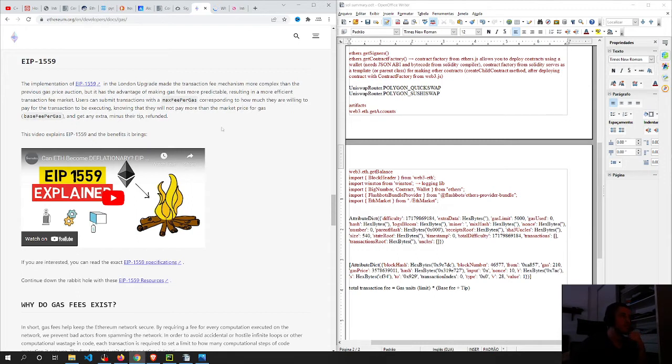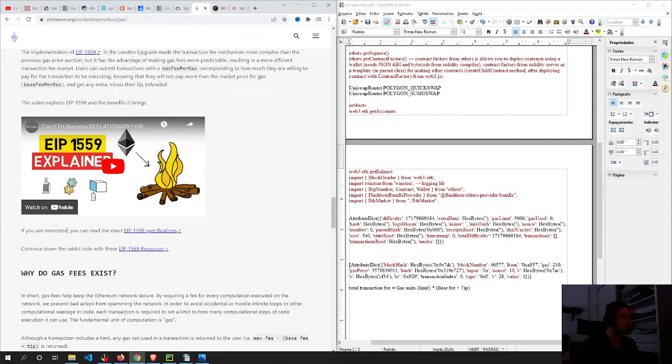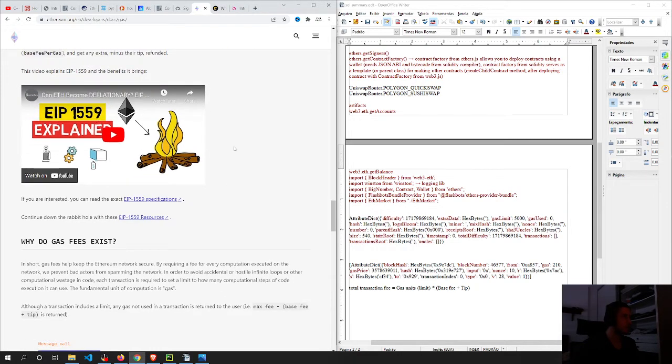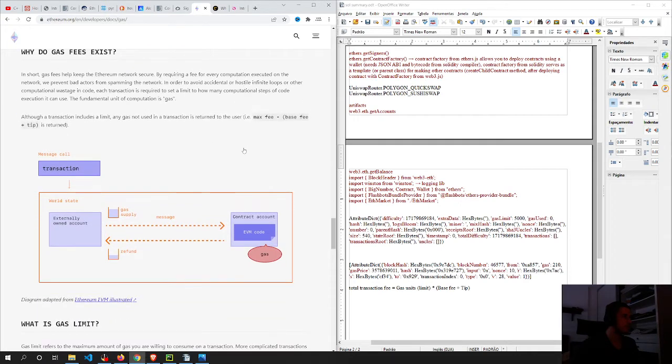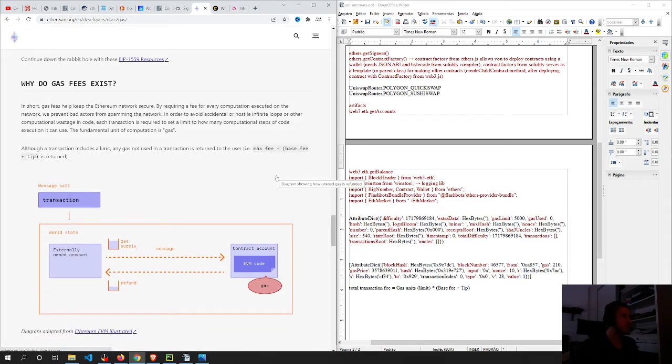Users can submit transactions with a max fee per gas corresponding to how much they are willing to pay for the transaction to be executed, knowing that they will not pay more than the market price for gas. In short, gas fees help keep the Ethereum network secure by requiring a fee for every computation executed on the network.